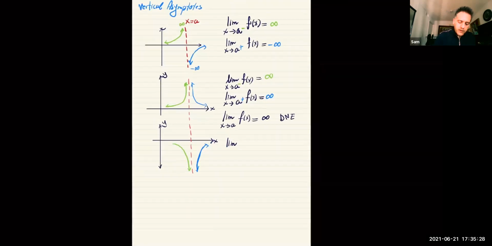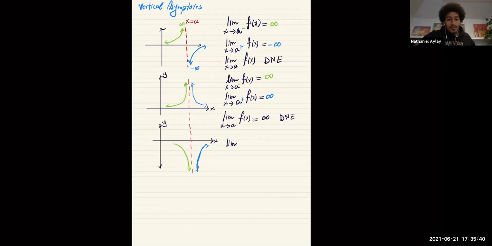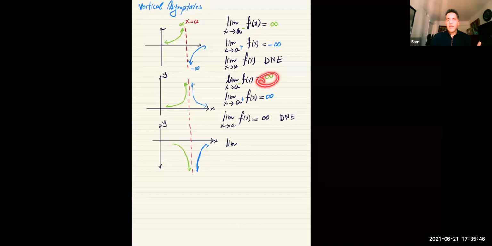So here the limit as x goes to a of f of x doesn't exist either. But how come you put infinity on the second one? Because from both ends it goes to infinity, but still infinity is not a number, so we say it doesn't exist.